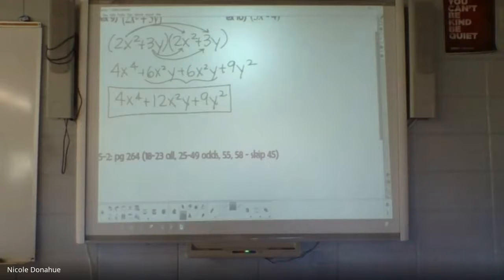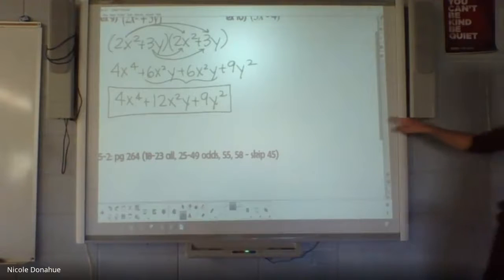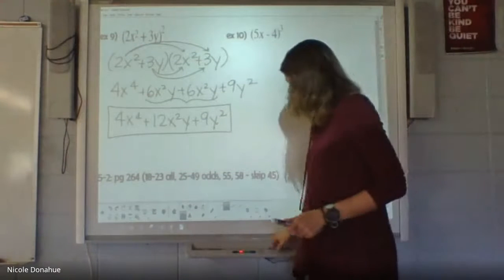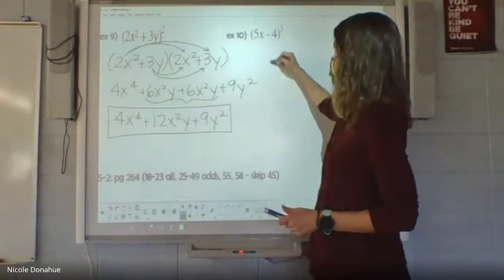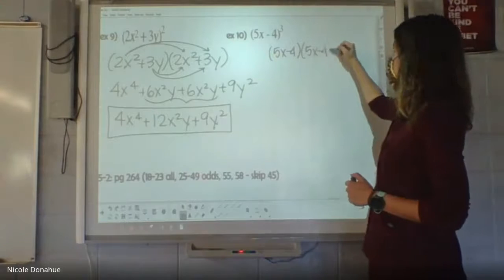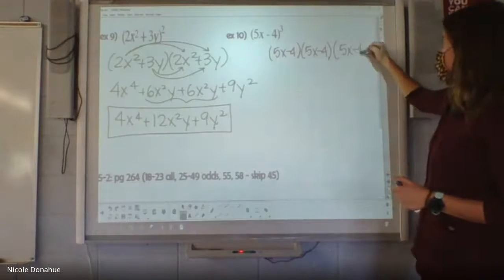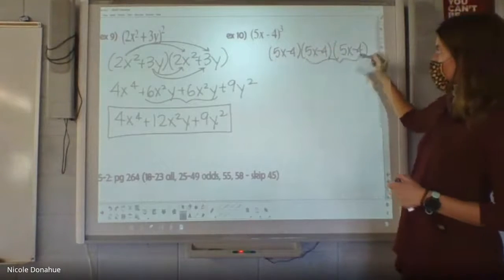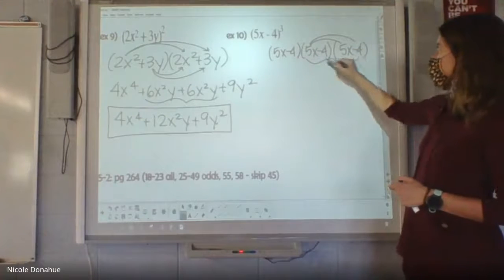What's that? You just have to write it 3 times? I can do it. So what I do then in one like this is I would do 2 of them at one time. So I can't do all 3 at once.